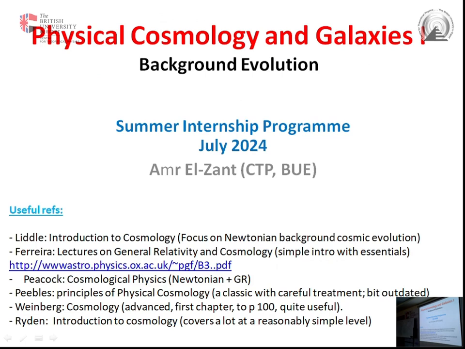We will discuss the Friedmann-Robertson-Walker metric, and we will have just one slide on how you get it from GR. If you want to try it yourself, you can check the lecture notes by Pedro Ferreira.